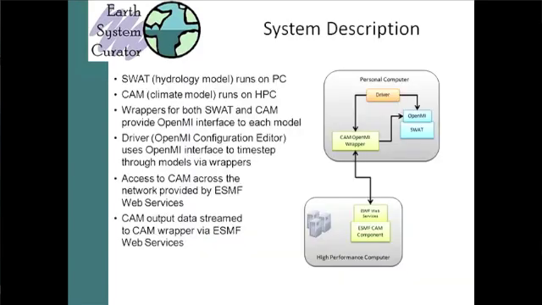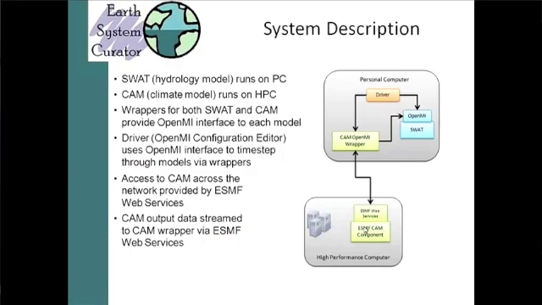This is a high-level description of the system. The hydrological model we're using is SWAT, and it runs on the personal computer, and you can see that up here. While the climate atmospheric model we're using, CESM CAM, runs on the high-performance computer, and we're using Kraken for this particular system.